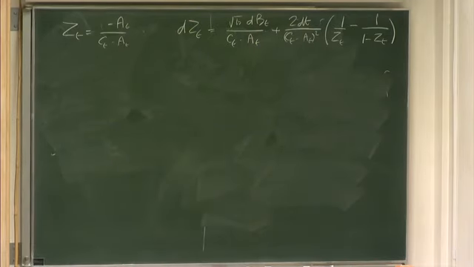So that is what comes out of the computation. It's just plugging the Loewner equation and the variations of beta into this and applying Ito's formula.